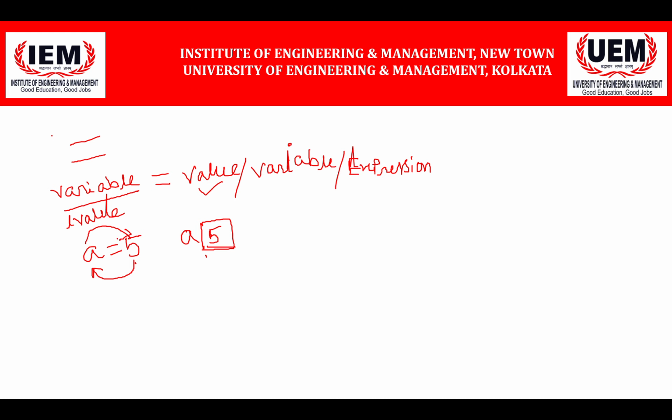Okay. Next, suppose I define A equal to B. What is the meaning of that? That means in the name of A, one memory location is created, and in the name of B, another memory location is created.